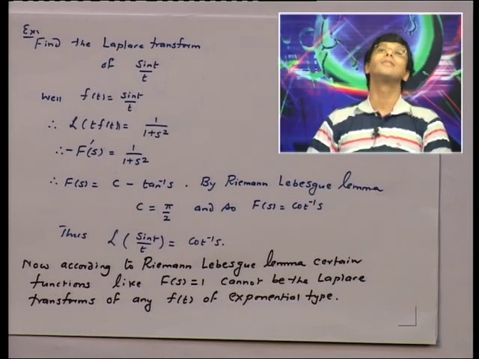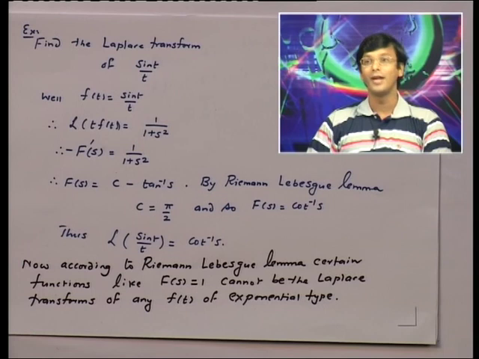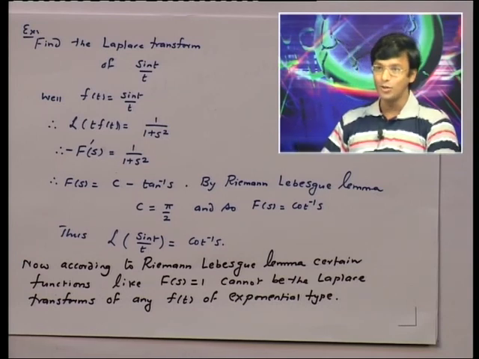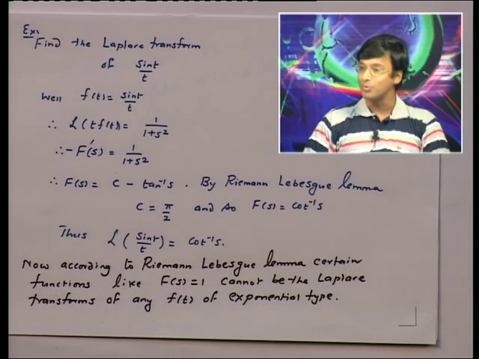How do I determine this c, the additive constant of integration? Appeal to the Riemann-Lebesgue lemma, and as s tends to infinity, this should go to 0. So, the only choice for the constant is pi by 2, correct. So, the Laplace transform of sin t by t is cot inverse of s.